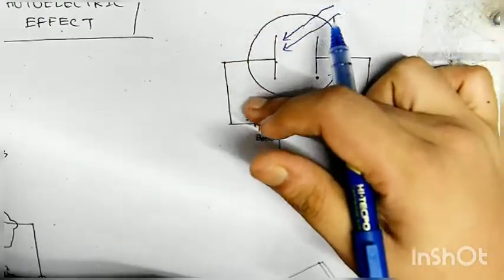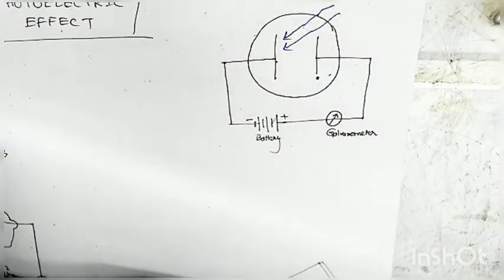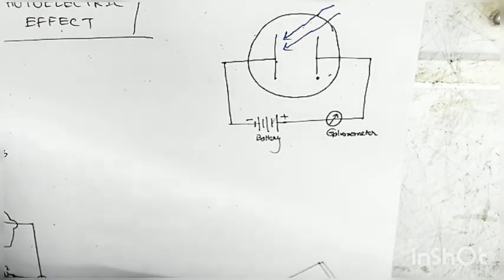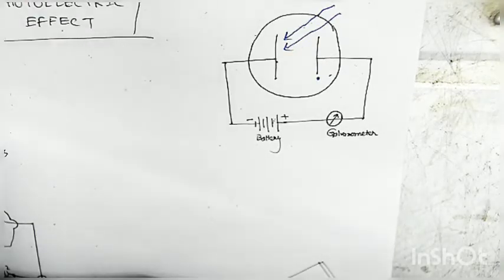Now usually this system is kept inside a quartz window for a reason which is beyond your syllabus. Now if we allow high frequency electromagnetic waves, we must go beyond the visible region. Ultraviolet rays are perfect for this case.